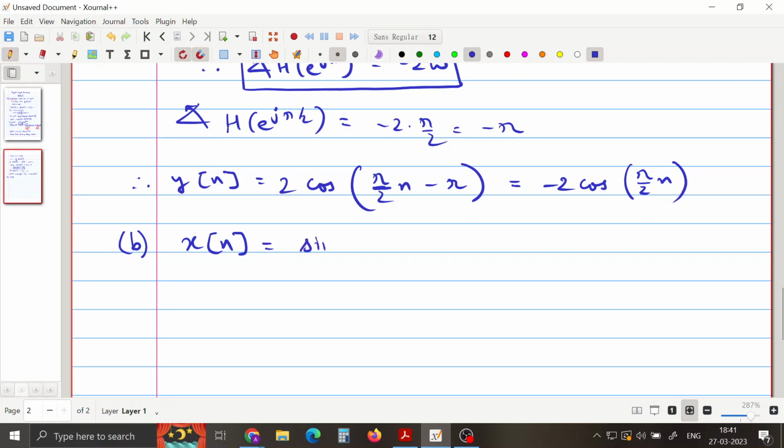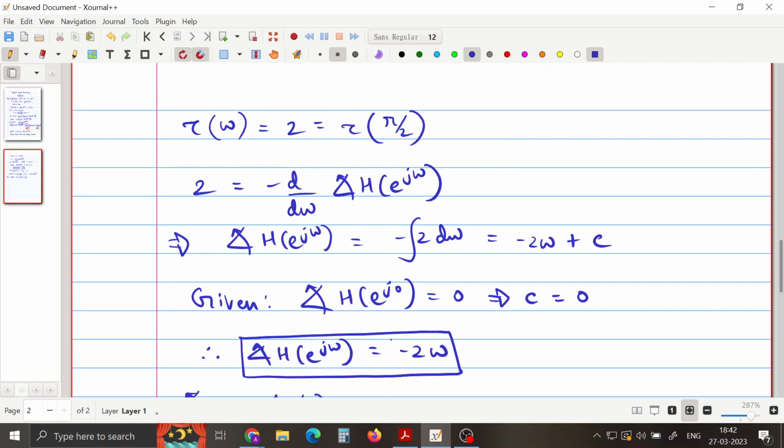Now this is 7 pi by 2 n plus pi by 4, so if we compare with the omega naught n plus phi form, omega naught is 7 pi by 2.